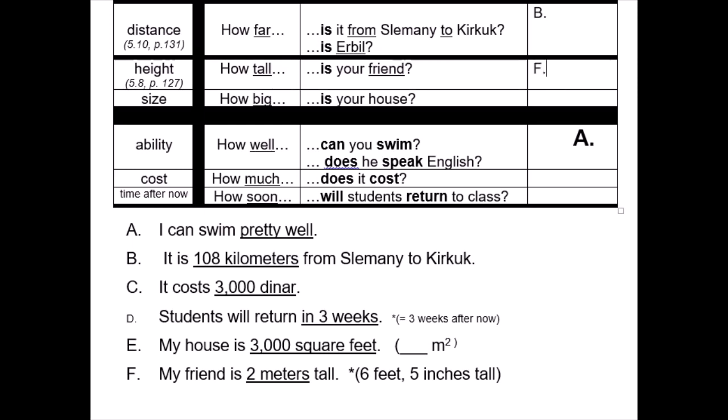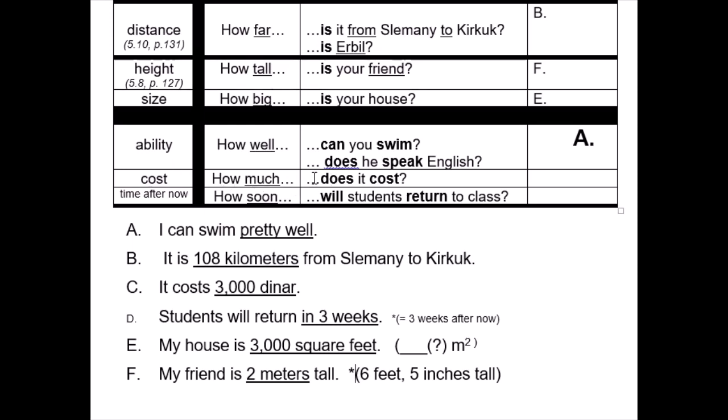Okay, so that's F. Right. Size. How big? Okay, how big is your house? Oh, E. My house is 3,000 square feet. Okay. I don't know how many square meters that is. You have to help me with that. Okay.